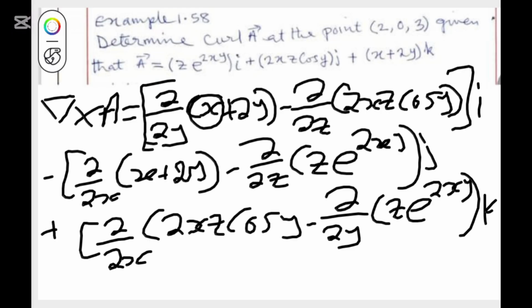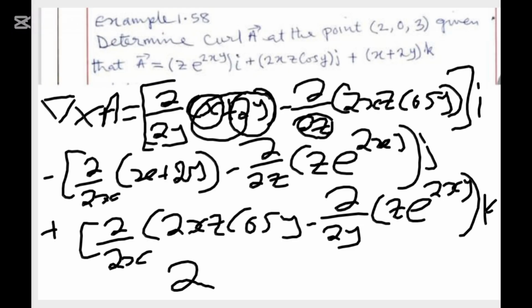This should now become 0, but I only have 2y here, so I have to differentiate it. If I am to differentiate it, it will now become only 2. The y will be set as 1. So therefore, I will say 2, but this should now become 2. Then also you have to differentiate this with respect to z. Also differentiate this with respect to x, with respect to z, also with respect to x, and also with respect to y.